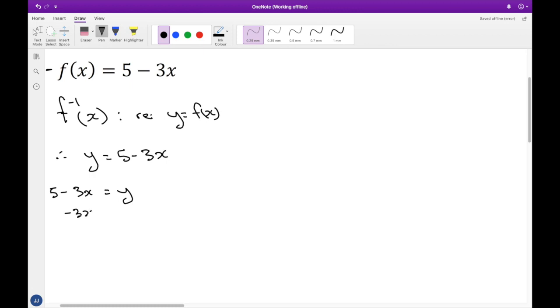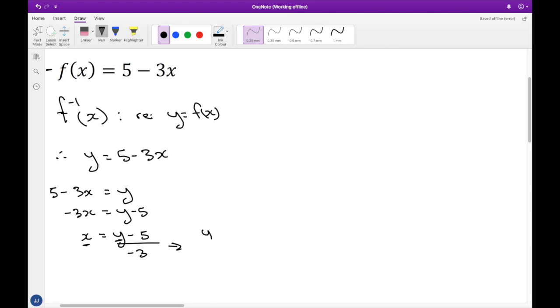Negative 3x is equal to y minus 5, because it's plus 5 on this side. Therefore, x is equal to (y minus 5) divided by negative 3. And then the very last step is for me to replace my x with y and to replace my y with x.